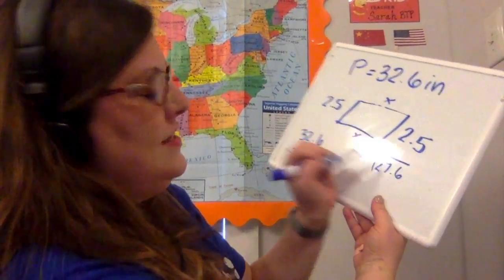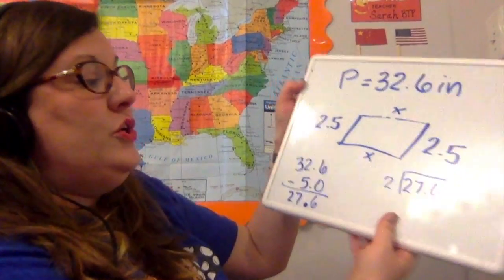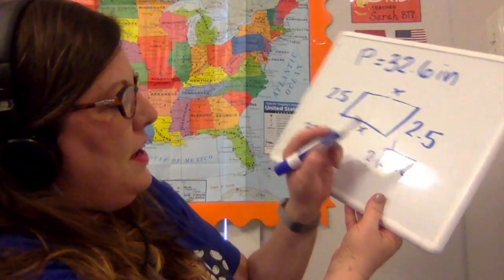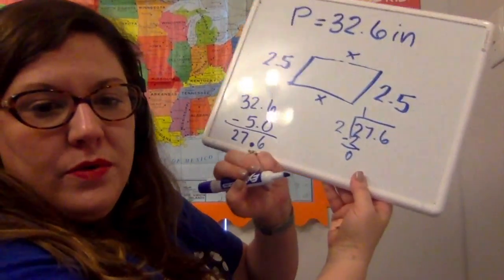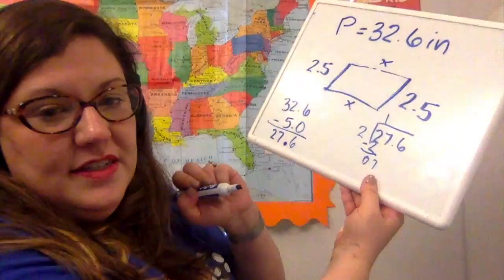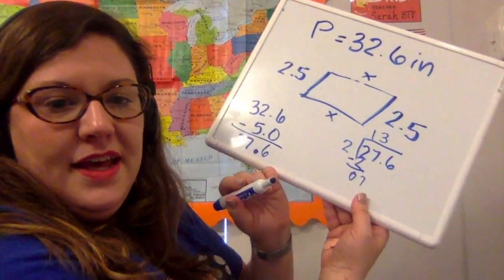27.6, can you see this? Divided by 2. So 2 divides into 2 one time, and then we multiply. 1 times 2 is 2. Subtract. We get 0. Then we're going to bring down our 7. 2 divides into 7 3 times.